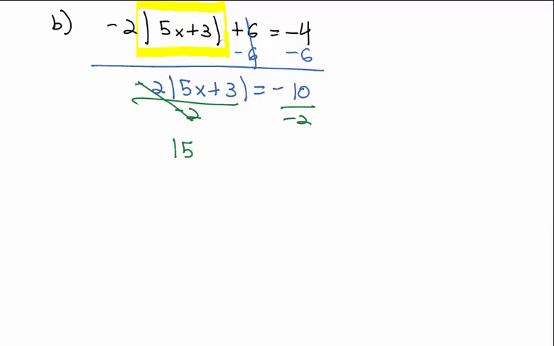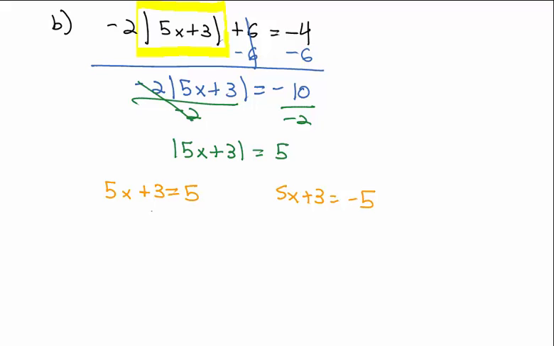And when we do, we have the absolute value of 5x plus 3 equals positive 5. Now that the absolute value is alone, now we can consider the two equations, stripping off the absolute value. 5x plus 3 equals 5, and 5x plus 3 equals negative 5.